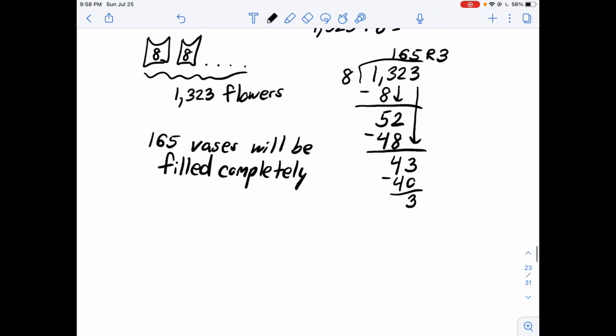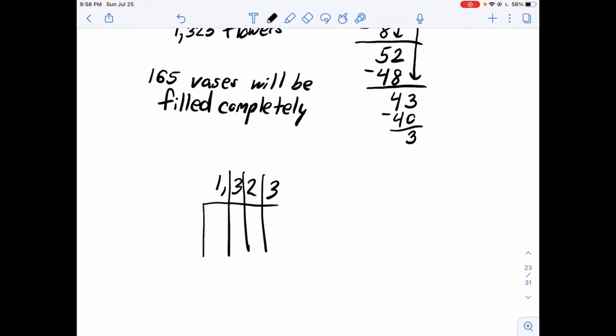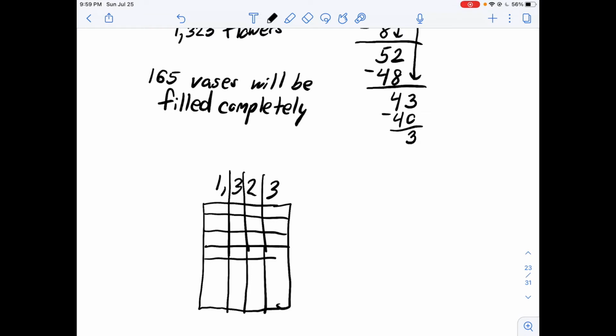Okay, I want to show you another strategy in case you have not learned the algorithm. So we can do 1,323 divided by 8. In this strategy, what we're going to do is we're going to break it up by place value, and we're going to form 8 groups. So 1, 2, 3, 4, 5, 6, 7, and that's 8 groups.